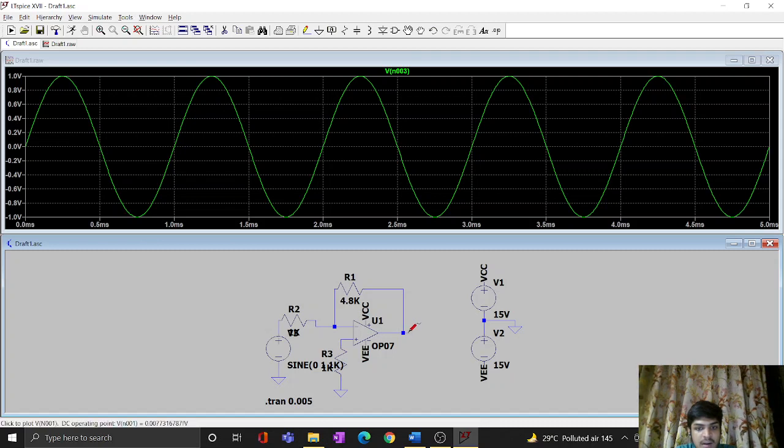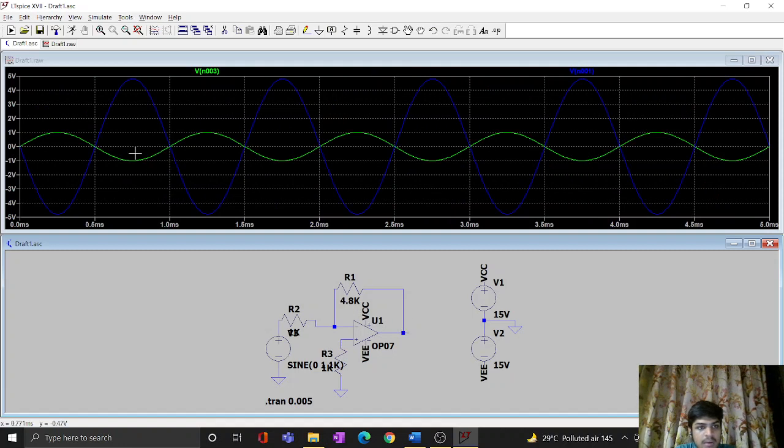And if I connect the scope to the output, I can see that the output is amplified, and we'll have a 4.8 above and 4.8 below, that is total 9.6 peak to peak. In this input voltage, we have still not reached the saturation point. To reach the saturation point, we need the output more than 15.